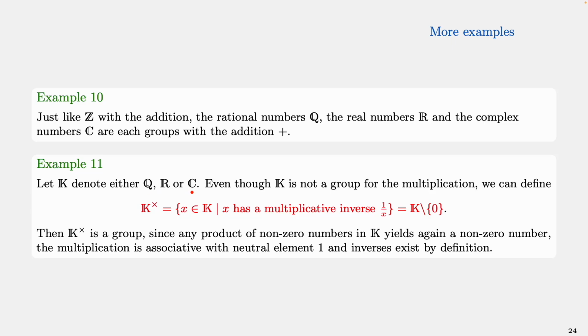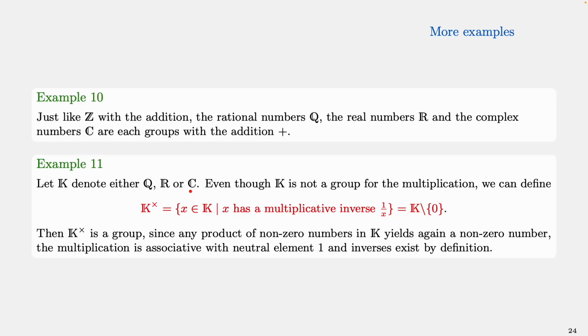And as we just saw on the previous slide, K is not a group for the multiplication, but we can define a subset, which I call K times, with this symbol here, which is meant to be all elements x of K, such that x has a multiplicative inverse 1 over x.